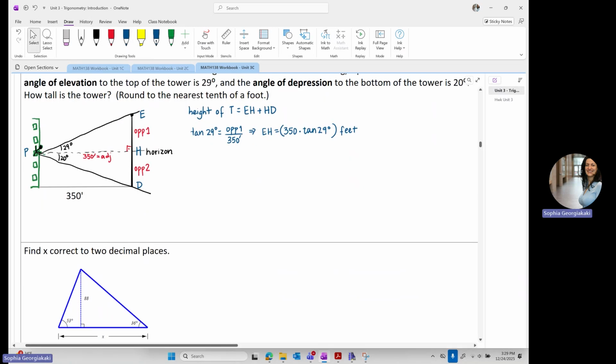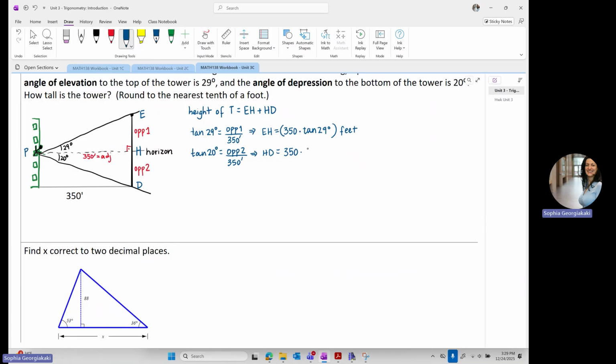For the other triangle, the tangent of the 20 degrees will be the opposite, which is opposite 2 now, because I am in the triangle of depression, over the adjacent, which is also 350 feet. Therefore, the opposite 2, which is HD, will be 350 feet times the tangent of 20 degrees. And again, that is measured in feet.